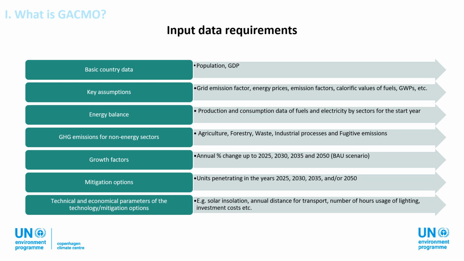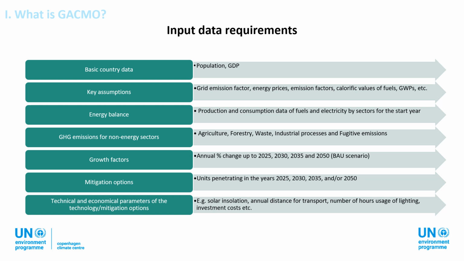It represents production and consumption of fuels by sectors for the start year. Another input data parameters include GHG emissions for non-energy sectors such as agriculture, forestry, waste, and industrial processes. User also needs to insert data on fugitive emissions and non-CO2 emissions from energy combustion sectors.